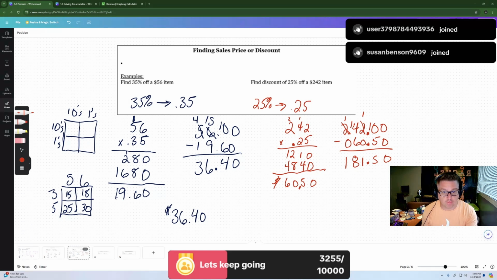You can put a 0 here for a placeholder. I don't think that's necessary, but you could if you wanted to. 1 take away nothing is still going to be 1. So now, after our discount, we should be paying $181.50 for that item that has a 25% discount.